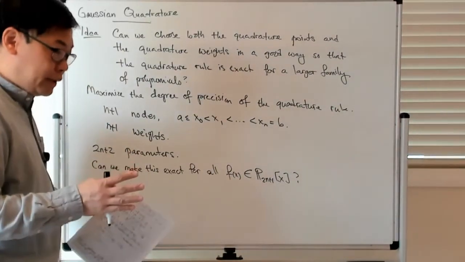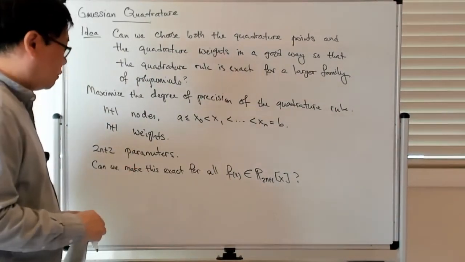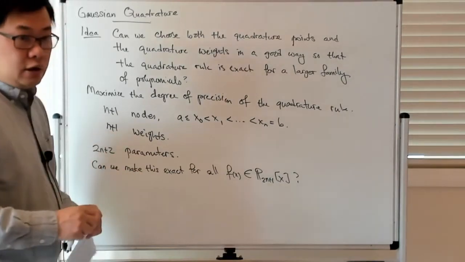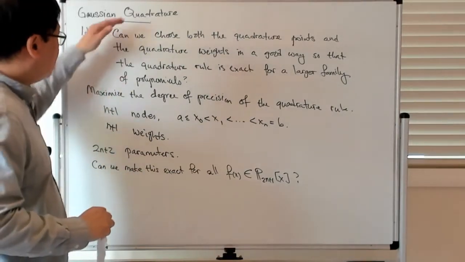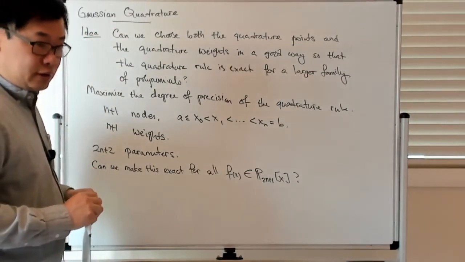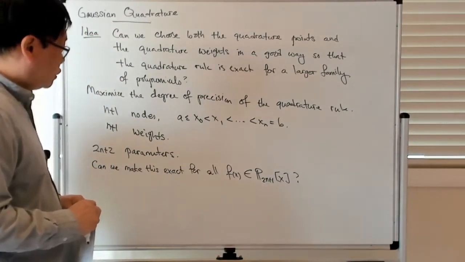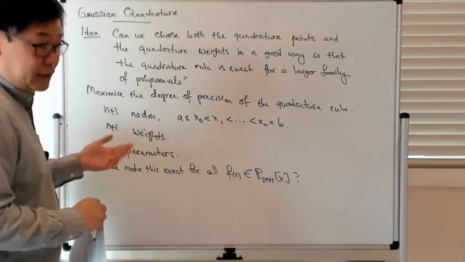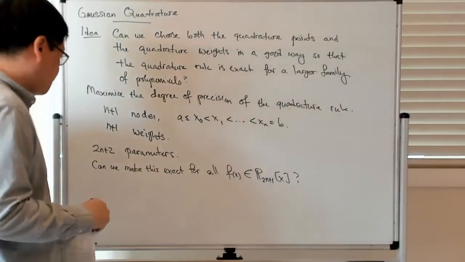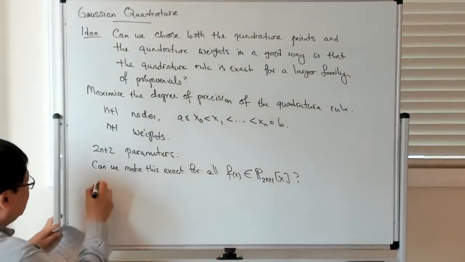So let me make the following claim, which I will first state without proof, and later, in the proof of the degree of precision of the Gaussian quadrature formula, we'll see how this property shows up.